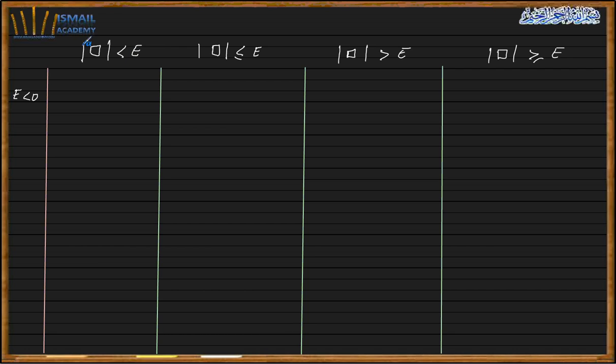So if our absolute value is less than a negative number, obviously this is a false statement, which means I have a contradiction. So for the case when e is less than 0, we have a contradiction. That means there is no solution. You don't need to solve anything here.